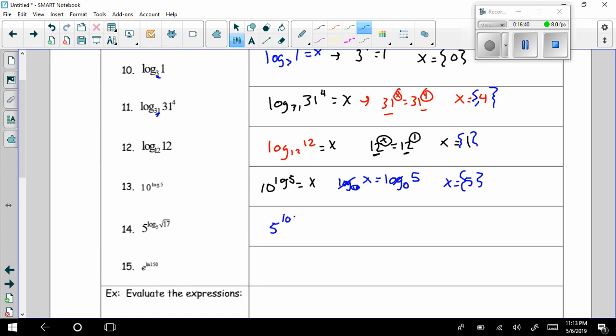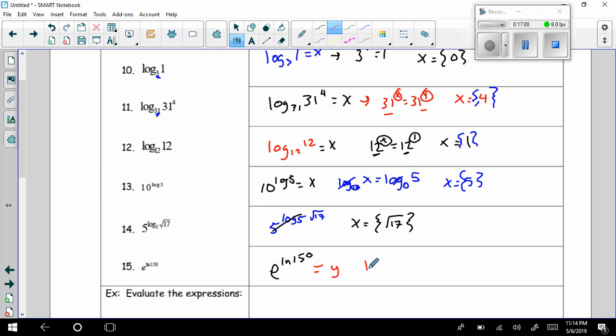So eventually, the idea is that you can get to a problem like this and just be like, oh, well, that's going to cancel, and x is equal to the square root of 17, right, using those properties. But if not, you should then be able to manipulate it so that you can simplify it.